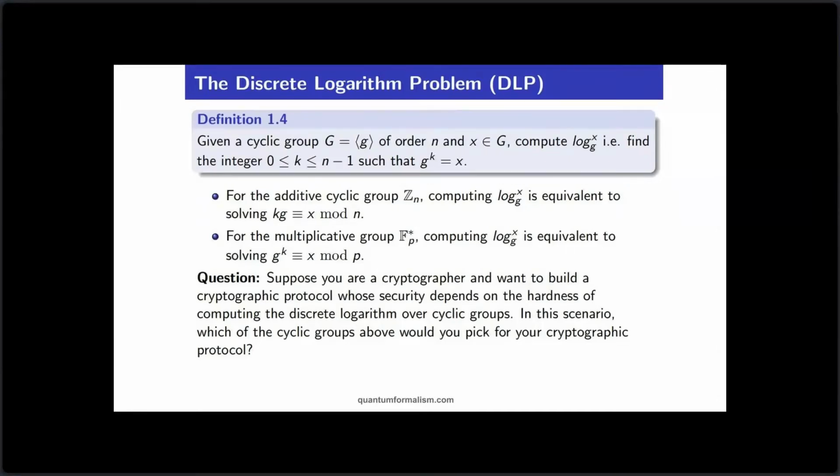So this is what the discrete logarithm problem is. Given a cyclic group of order n, when we give you an element of the group and the generator, obviously, the question is to compute the discrete log in the base of the generator. That's it. It turns out this is a very interesting problem that guarantees the security of the Diffie-Hellman key exchange protocol.